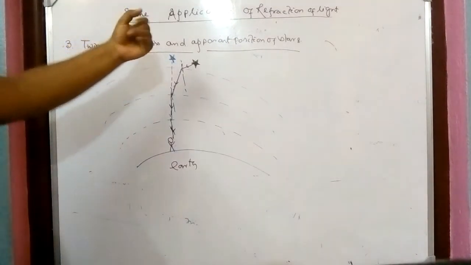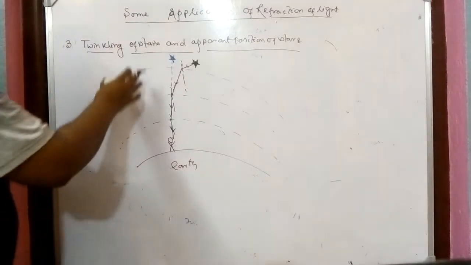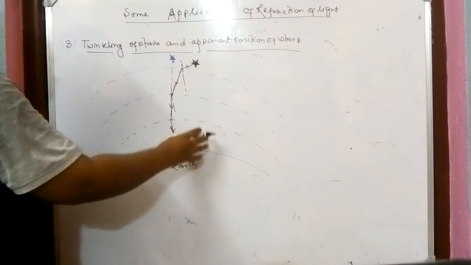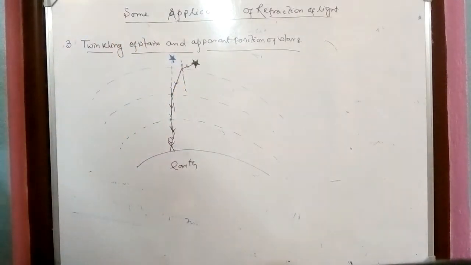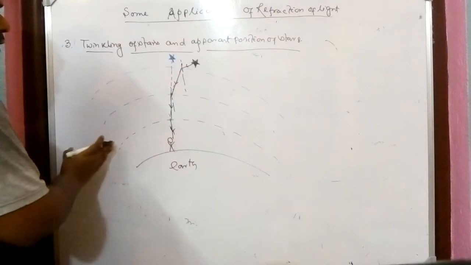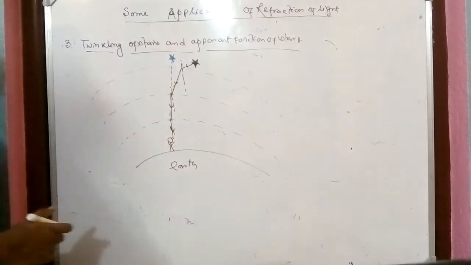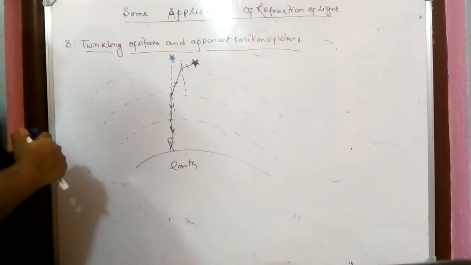Next thing, twinkling of stars. Why does twinkling occur? See, whenever we are talking about the optical density, as we go upward, the optical density decreases, but the density is not fixed. Whatever layers we have made, those layers are not fixed in space.